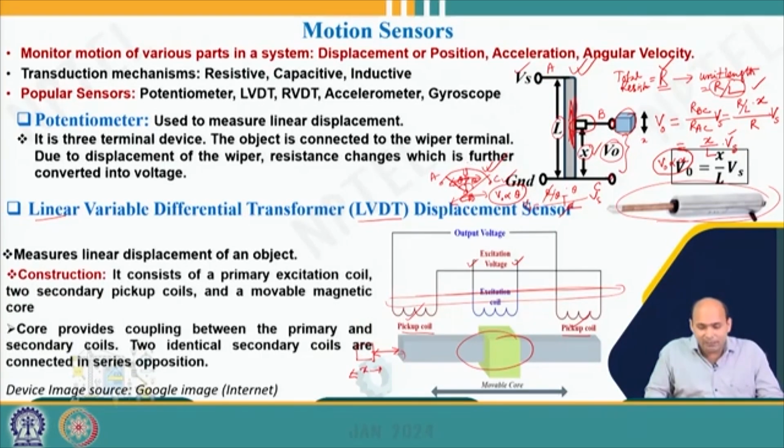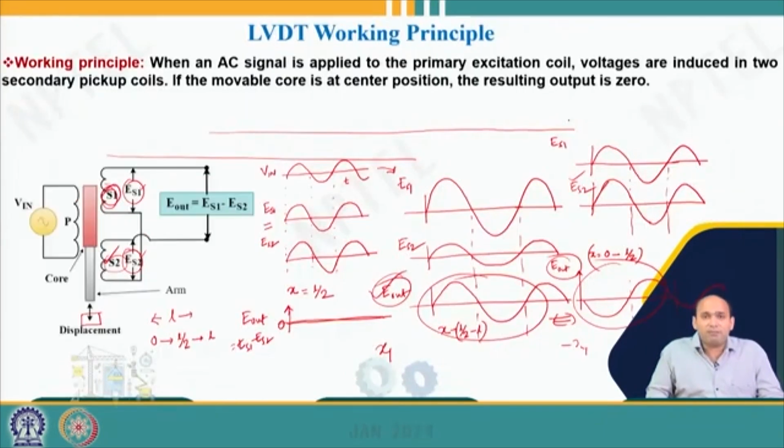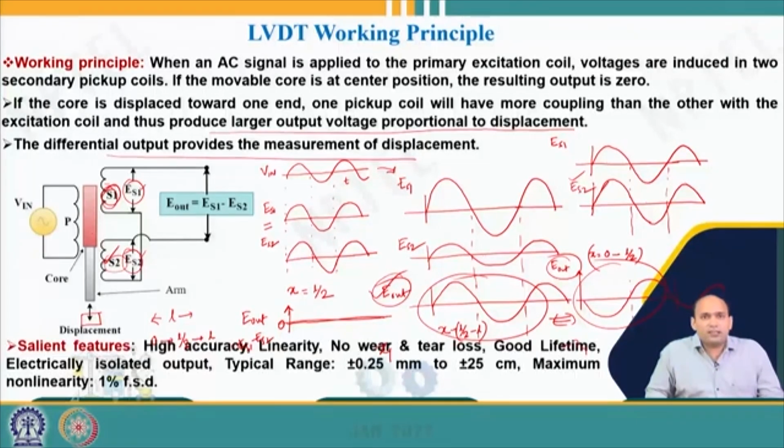But in case of LVDT, that is not going to happen, because in this case there is no physical contact between the core and the coils. There is no physical contact, right. So they are basically electrically isolated, and the induced EMF happens through magnetic coupling, is not it?